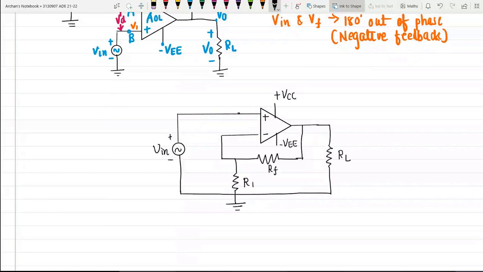Here this is my potential V1, this is my potential V2, and there is a difference voltage VD which is available over here.